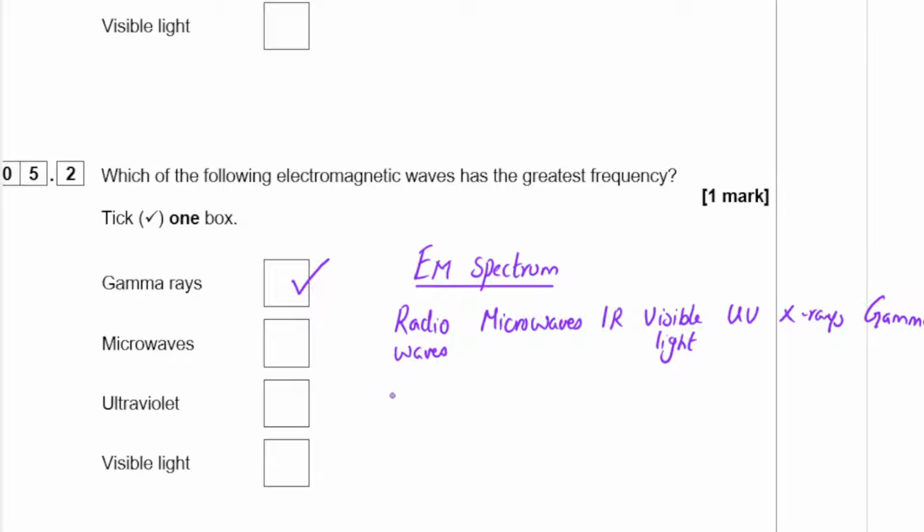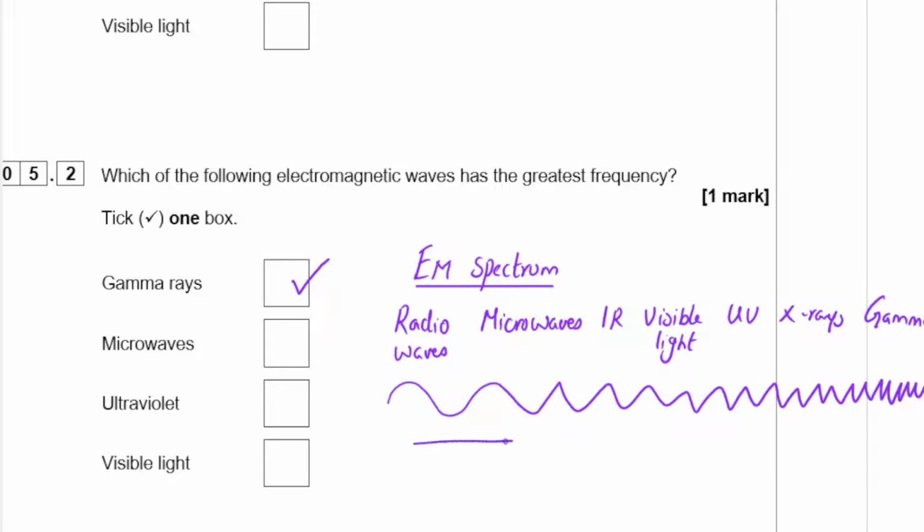Electromagnetic waves have big wavelengths, and then it actually increases in frequency. So going from left to right, from radio waves to gamma, the frequency increases.